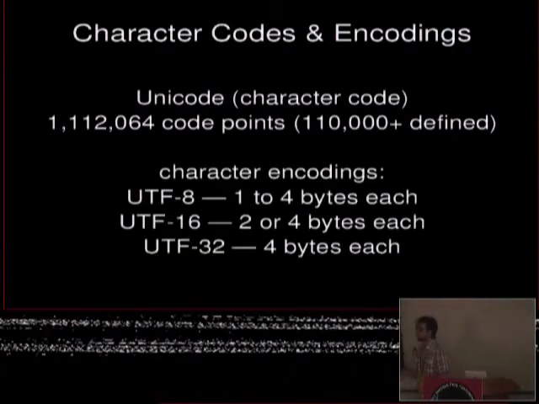So anyway, there are multiple encodings associated with Unicode. The 3 standard ones are UTF-8, UTF-16, and UTF-32. UTF-8 is a variable byte encoding, so you don't have an individual length for every single code point.